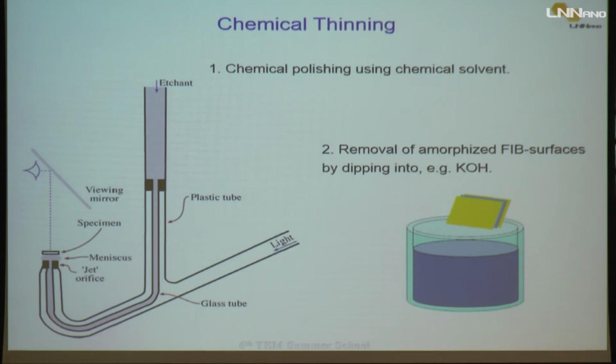But as I told you, you need to get a lot of experience with this, but it's possible to prepare following this. Okay, and here is the possibility to use potassium hydroxide to remove the amorphized surface of FIB prepared samples, and so on. There are many, many possibilities.